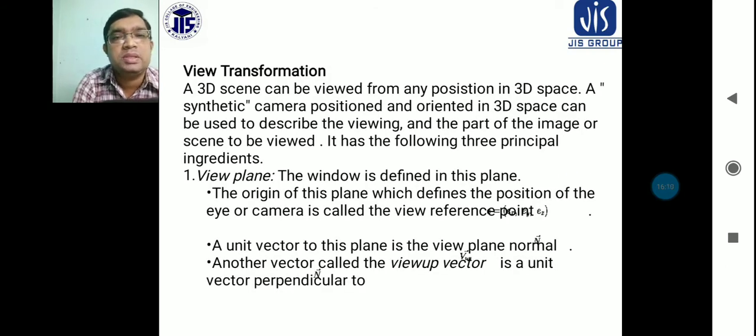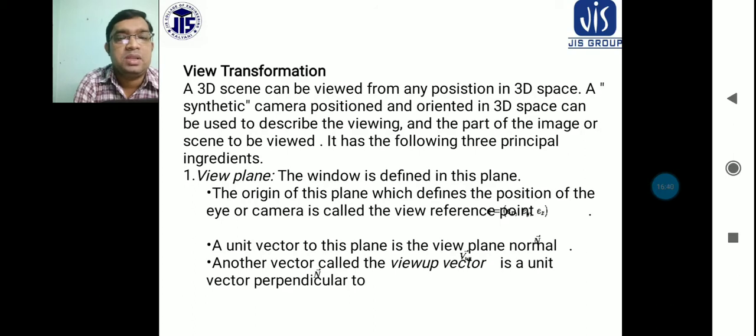The view transformation: a 3D scene can be viewed from any position in 3D space. A synthetic camera, positioned and oriented in 3D space, can be used to describe the viewing and the part of the image or scene to be viewed.